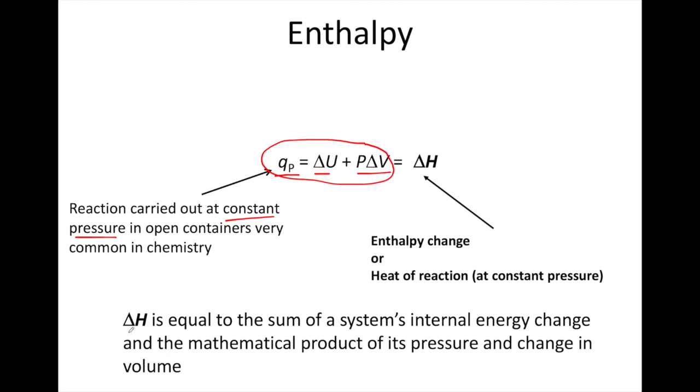Enthalpy can be defined as the sum of a system's internal energy change and the mathematical product of its pressure and volume change. So this equation here is equal to the enthalpy change. So our enthalpy change and our heat at constant pressure are essentially the same thing.